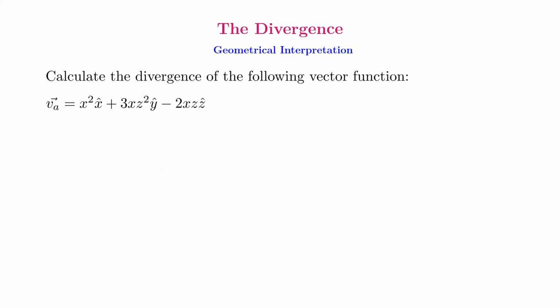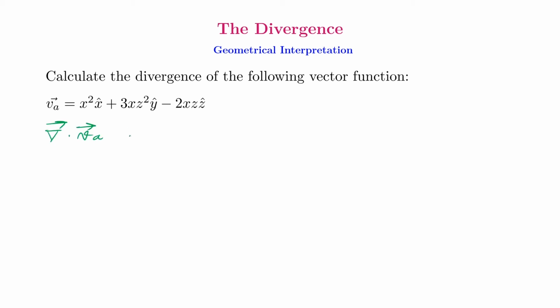Let's now try to calculate the divergence of the following vector function. Vector VA equal to x² x hat plus 3xz² y hat minus 2xz z hat.